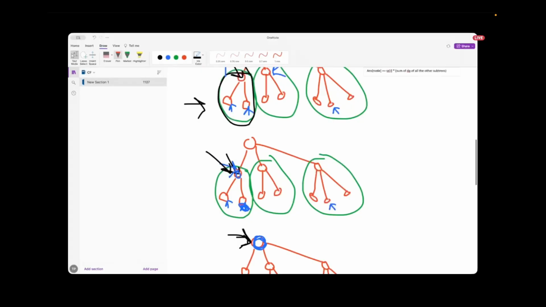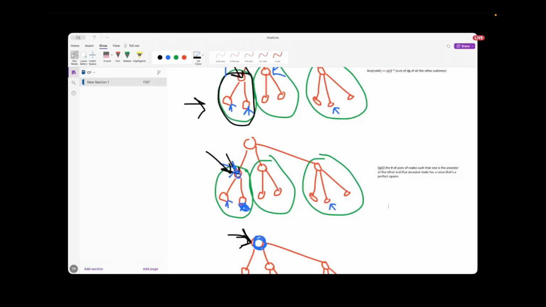This third case, you can maintain another DP for this. And this DP formulation is a bit simpler. This DP of i essentially stores the number of pairs of nodes such that one is the ancestor of the other, and that ancestor node has a value that's a perfect square.